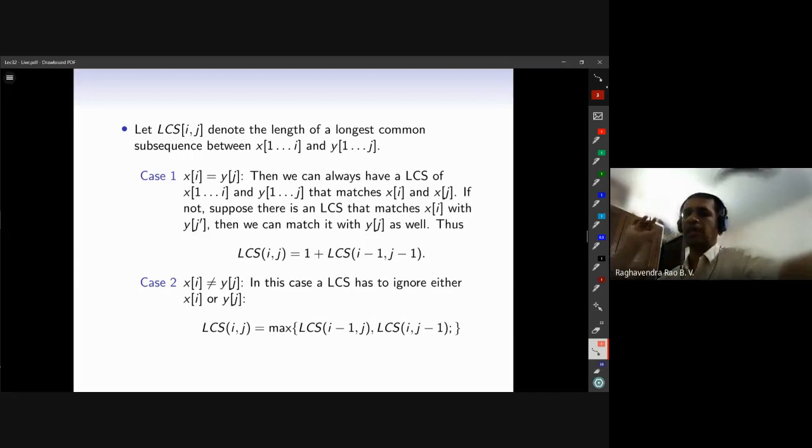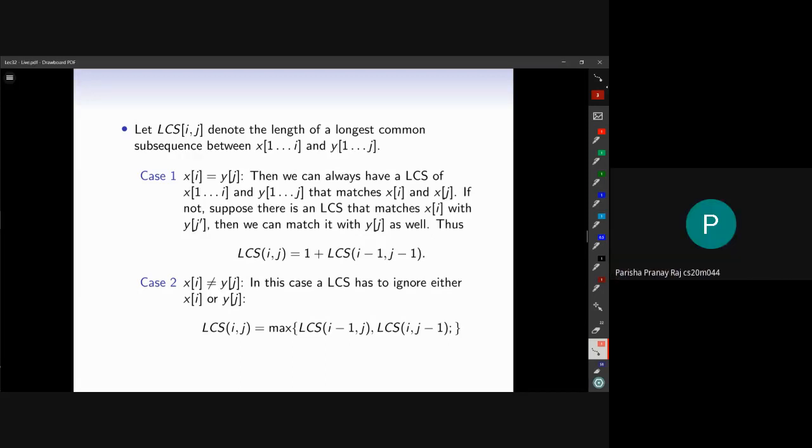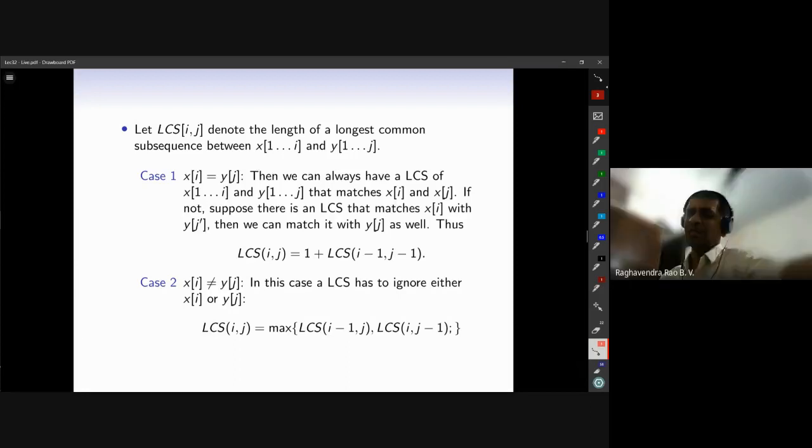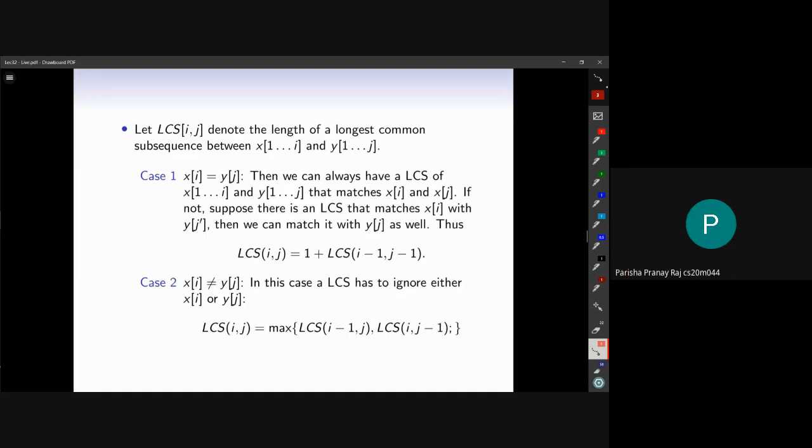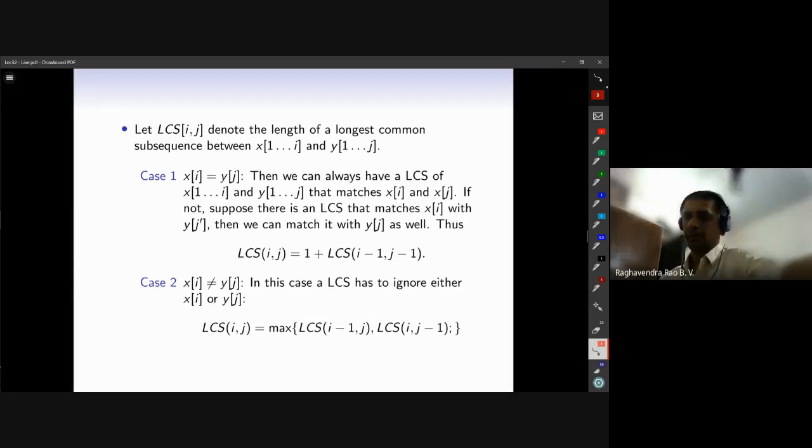Is the formulation clear? In some contrived example, both of these can be ignored, right? The last letters, if they are different, can they? They can be, but since we are explicitly considering this case where we're ignoring only one of them, you'll go further to j minus 1.